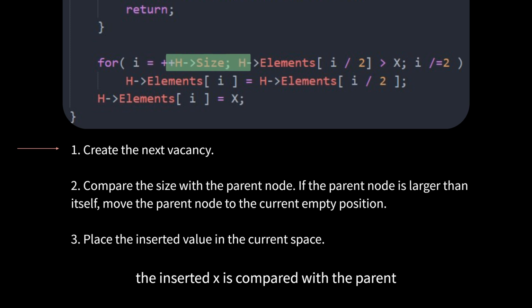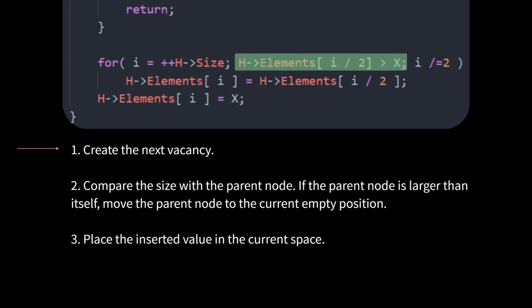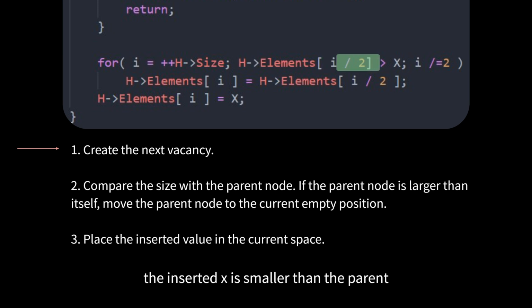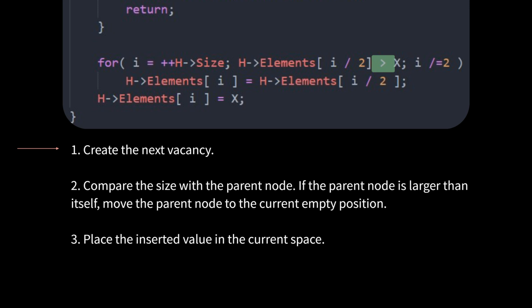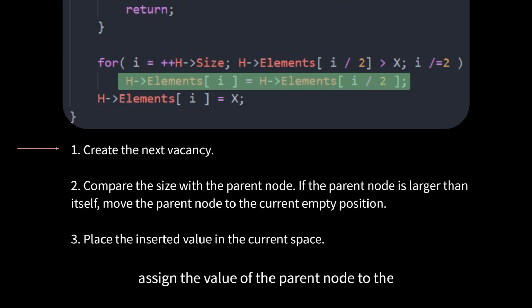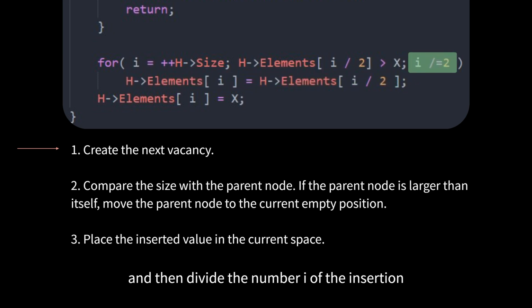Next, the inserted x is compared with the parent node of the inserted slot. The number of its parent node is i divided by 2. If this condition is met, that is, the inserted x is smaller than the parent node, then enter the for loop. Assign the value of the parent node to the current slot node, and then divide the number i of the insertion position by 2 to become the position of the parent node just now.